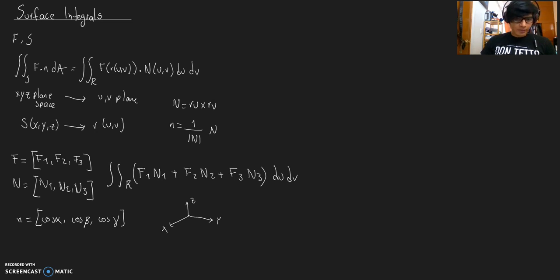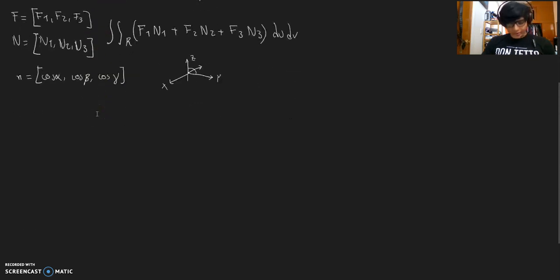So if we had a normal vector here, we'll have the angle with respect to x, the angle with respect to y, and the angle with respect to z. That way we will have these three angles, and we can have a new representation of the surface integral as follows.